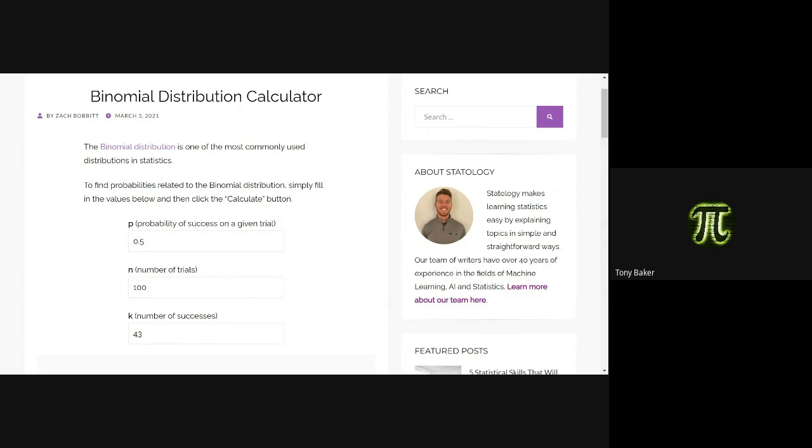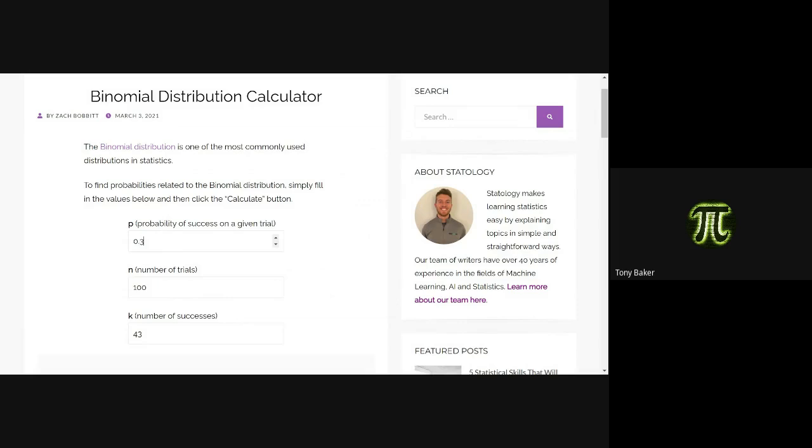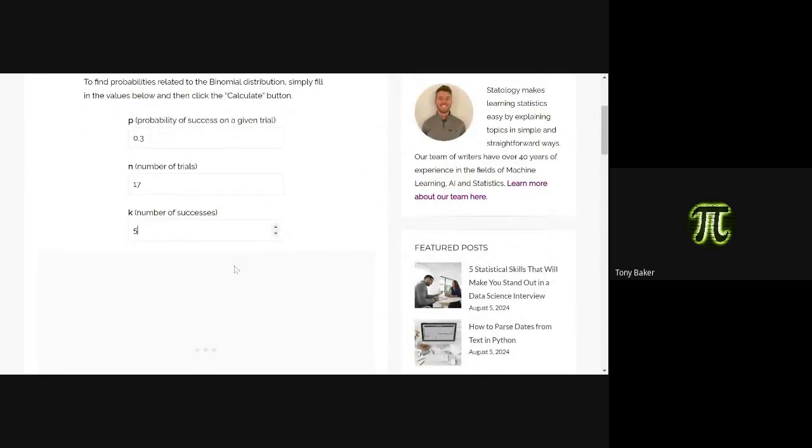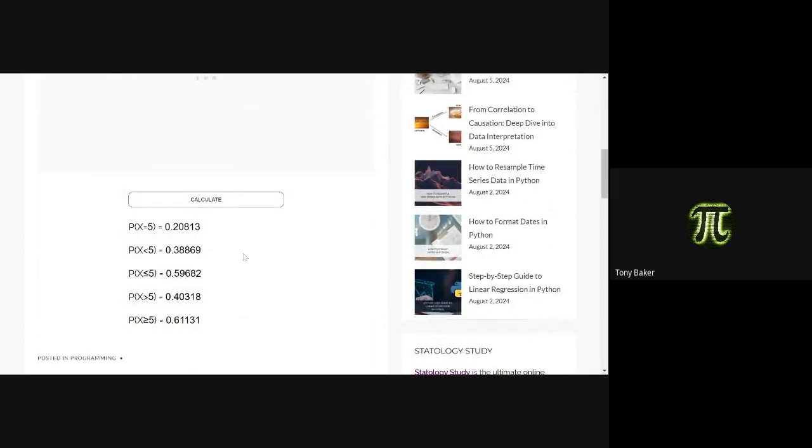So what was the probability of success? 30%. So 0.3. And she was looking at 17 properties.